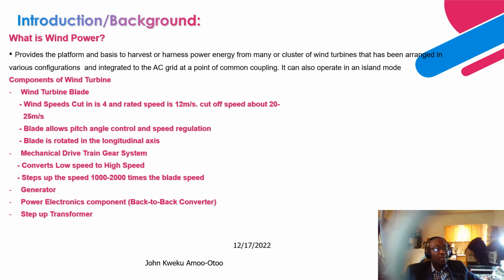Next is a step-up transformer. And what is the purpose of the step-up transformer? The step-up transformer sets the output voltage of each wind turbine, and most often than not, the output voltage of each wind turbine is 690 volts. To achieve efficiency reliably, we need to step up the voltage and transmit it at a higher voltage.